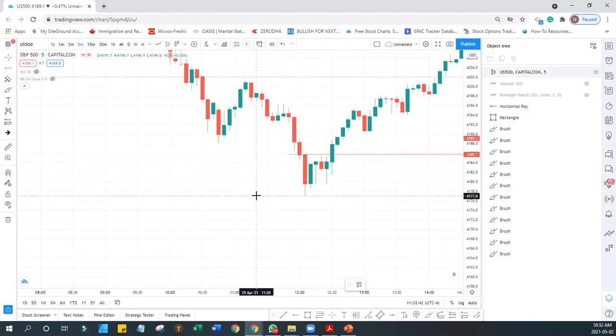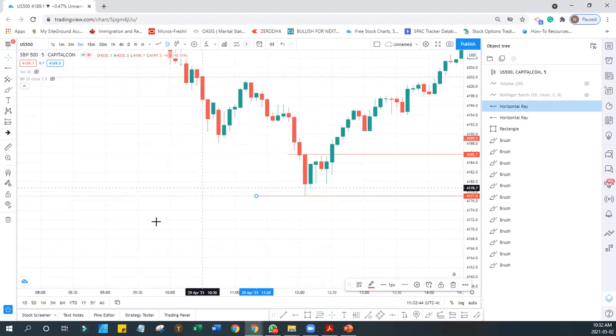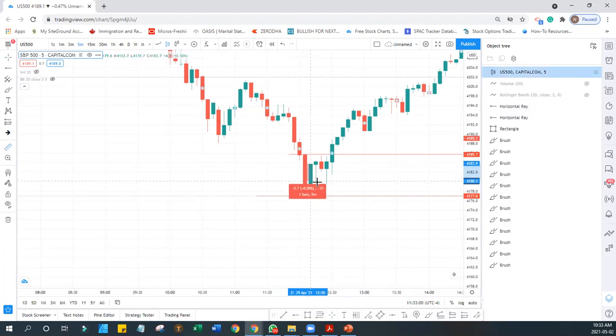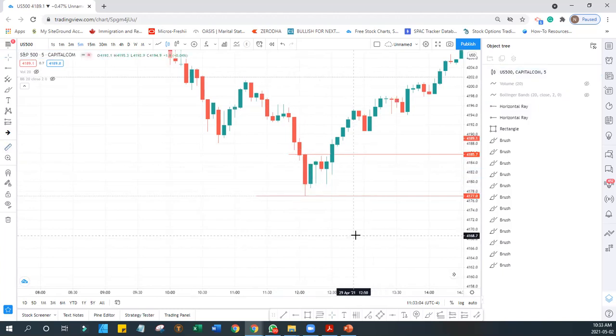And now, if you see, this is more than 50%. The candle size is about $8, 8.8 for example. And the size for this one is about 5, right? It appears more than 50%, so that means the trend is changing.